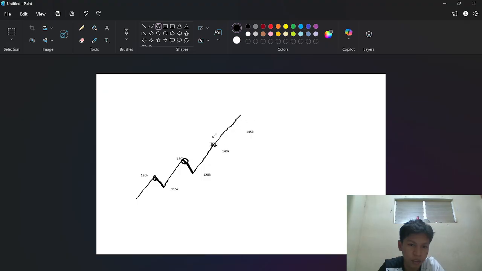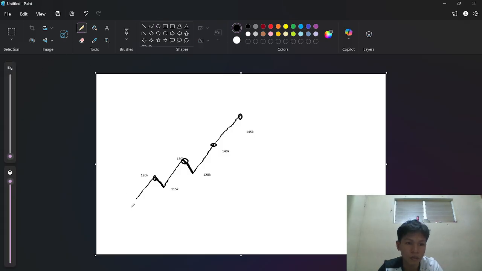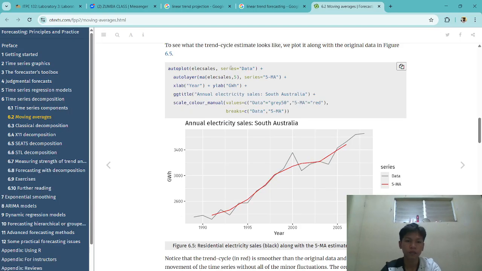So 140k. So the trend would be, how does the trend go?